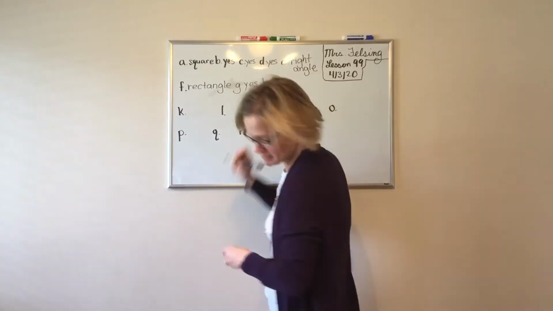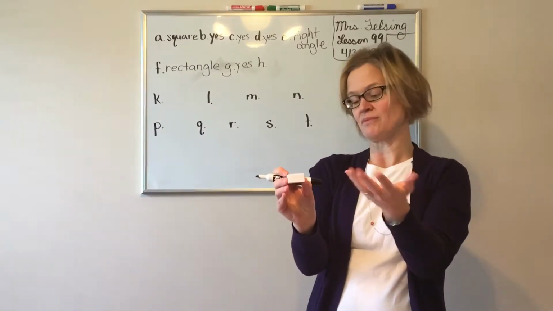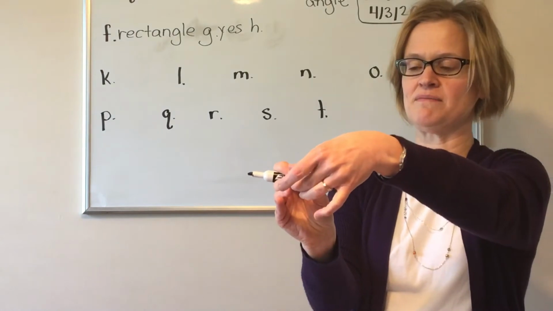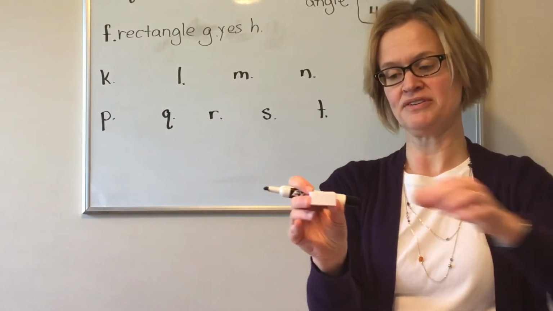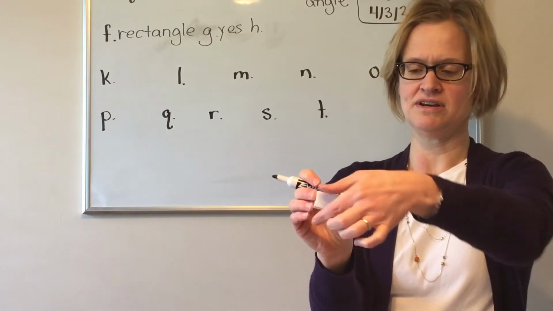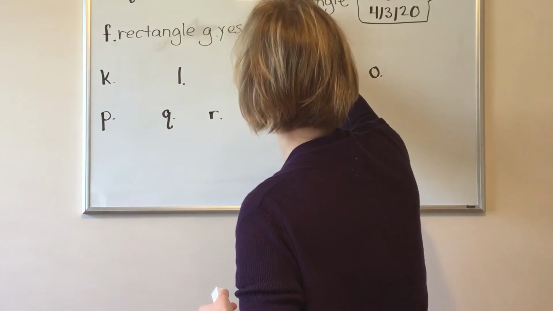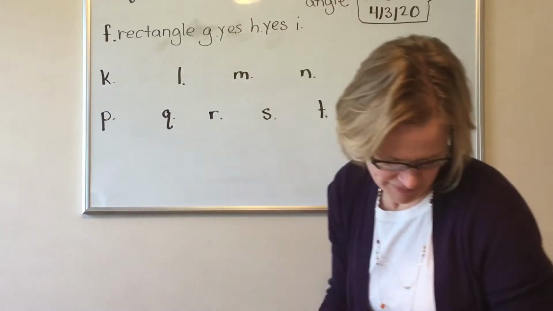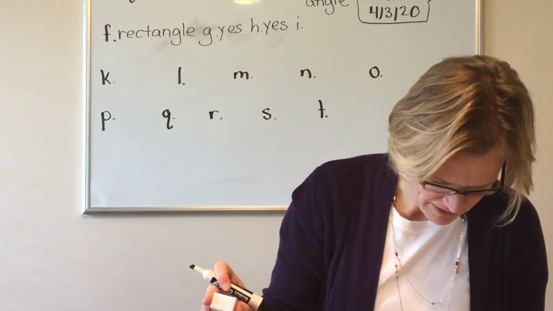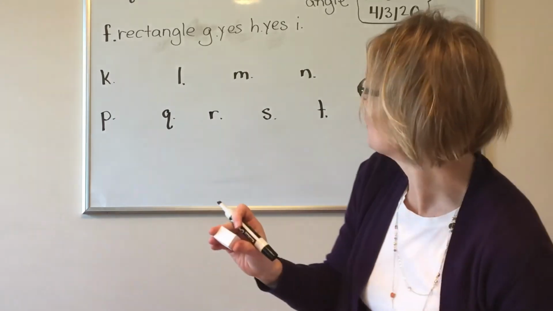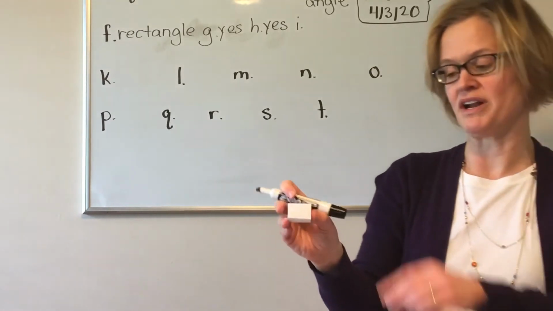Is each edge parallel to at least another edge? Well, think about it. Same thing with the cube. See how there's an edge here, an edge here. Are they parallel? Yes. Let's try another one. Here, here. Yes. Going on to I, is each edge perpendicular to at least one other edge?